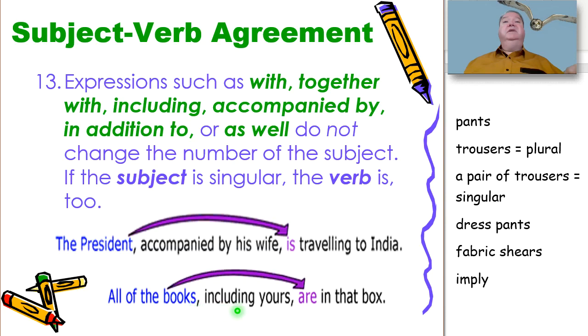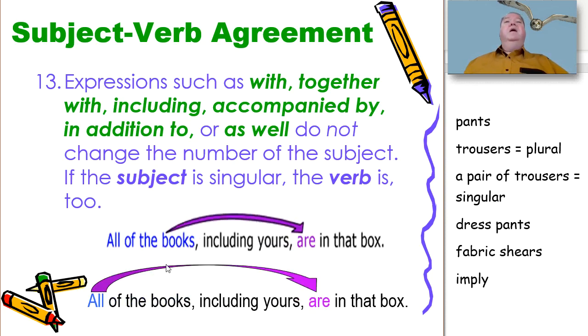All of the books, including yours, are in that box. What's the subject here? Let's look at this one by itself. All of the books, including yours, are in that box. Notice they put all of this in blue, indicating it's the subject.